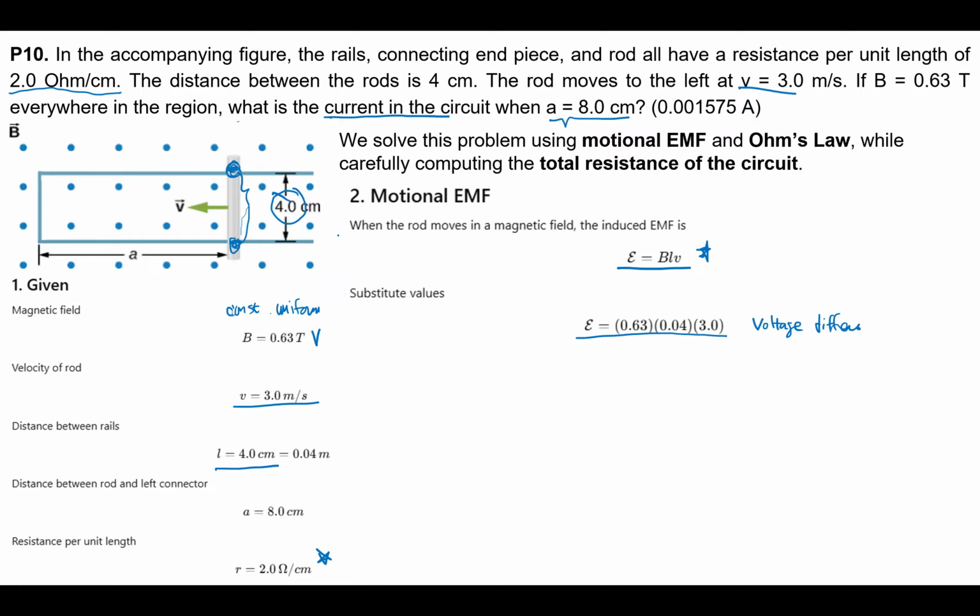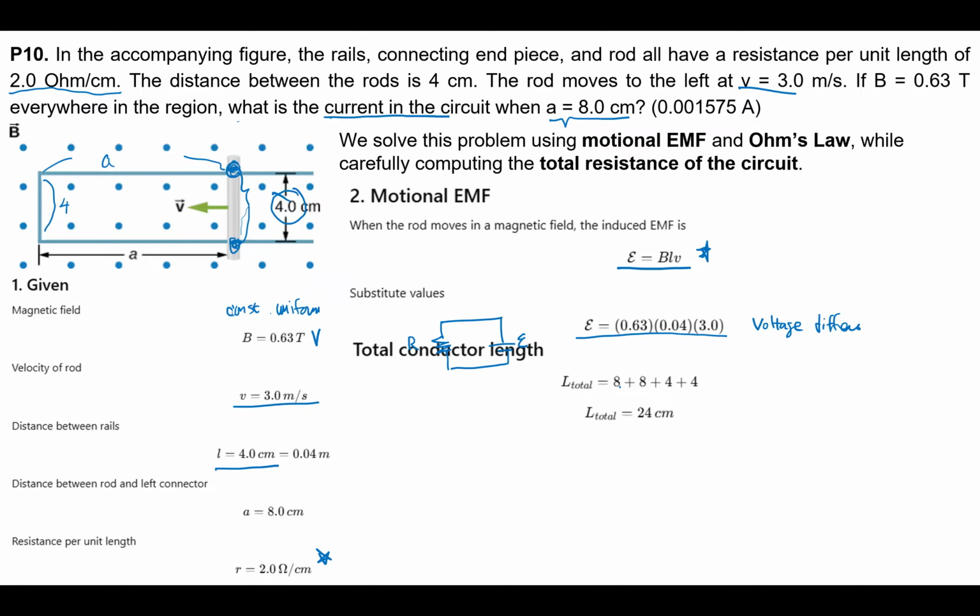So that means it works as a kind of circuit like this. The total length is 2a plus 4 centimeters, and this will serve as a resistance, and this is the EMF.